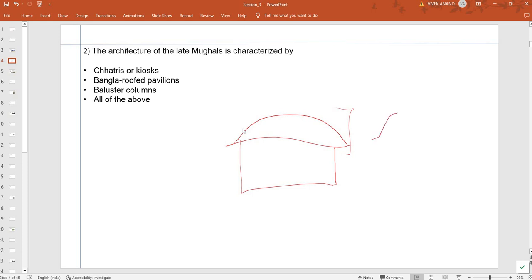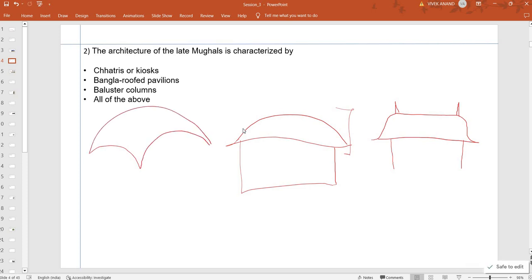Then what is this? Is this a Bangla roof? I'm very bad at drawing, so pardon me, but I think you can understand. So maybe the earlier one is a dome and the second one is Bangla, I'm not sure. Okay, I'm trying to draw one more style. The first one is Bangla.